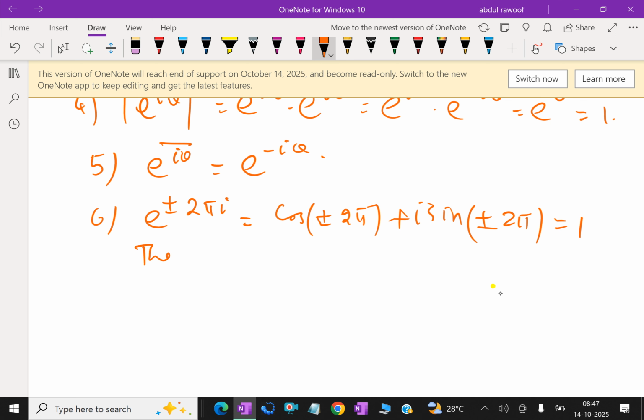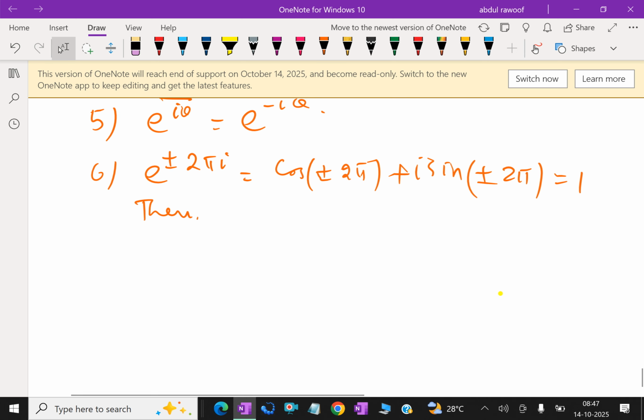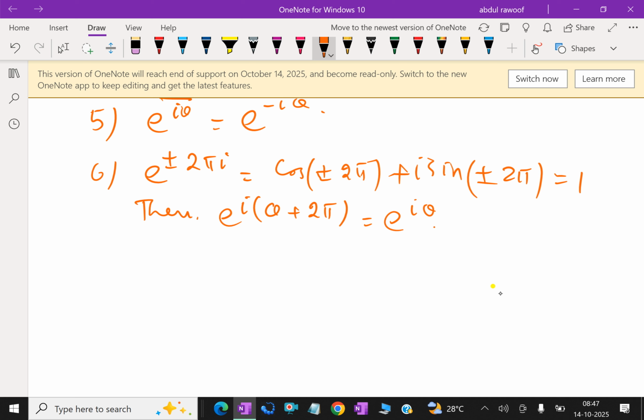Then you can say e power i of theta plus or minus 2 pi is equal e power i theta into e power plus or minus 2 pi i, which is equal e power i theta. That is, e power plus or minus 2 pi i is equal to 1, so e power i of theta plus or minus 2 pi is equal to e power i theta.